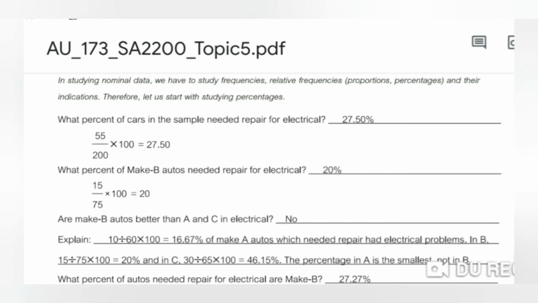In C group, if there is a problem, nearly 47%, a little more than 46% of the problems are electrical problems. So we can guess that C outdoors are mostly weak in electrical parts.